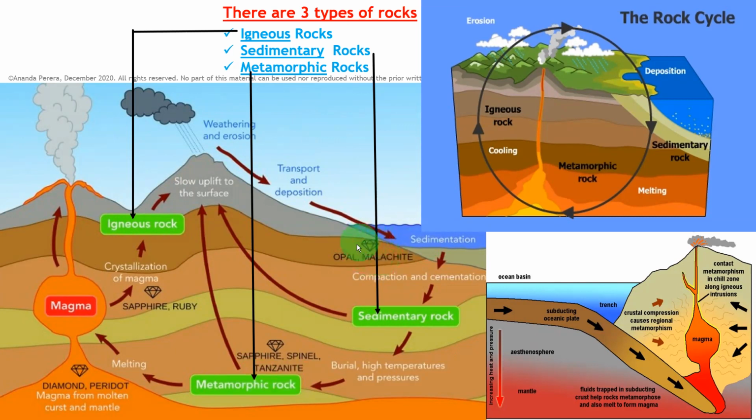When that is happening in sedimentation, opal and malachite are created here. Then they are pushed into sedimentary rock. The sedimentary can also come to here with the pressure. So there are only 3 types of rocks on this earth: igneous, metamorphic, and sedimentary.